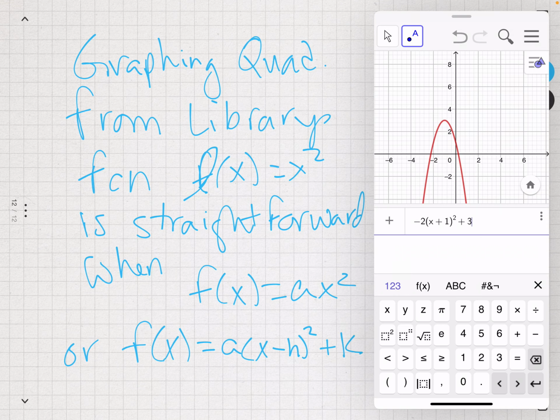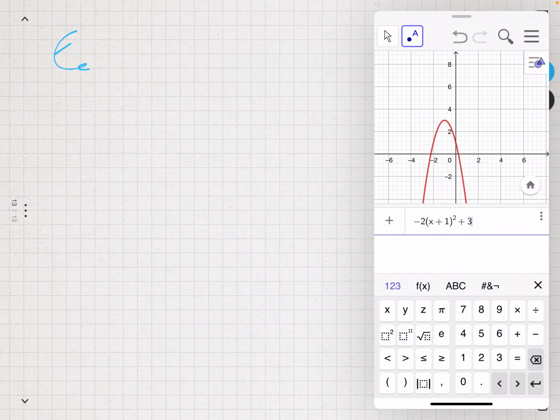Whenever we have an ax squared form or an a times x minus h squared plus k, it's relatively straightforward. But how do we go about doing something like this?